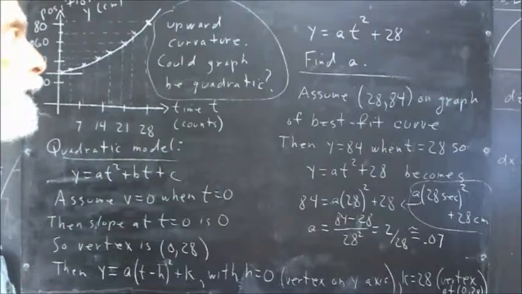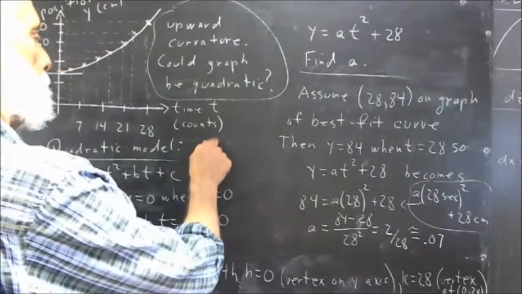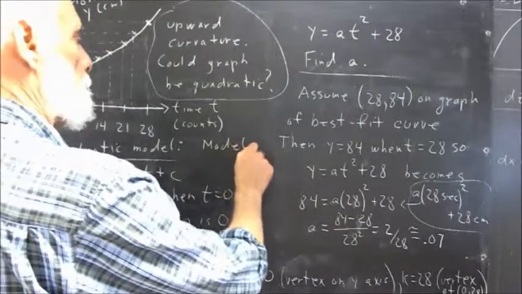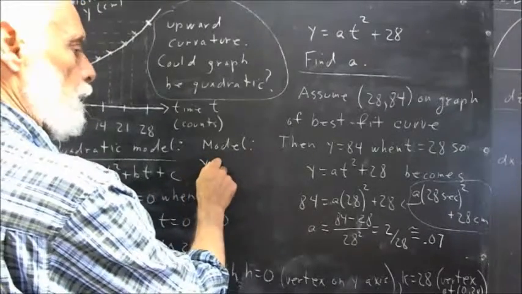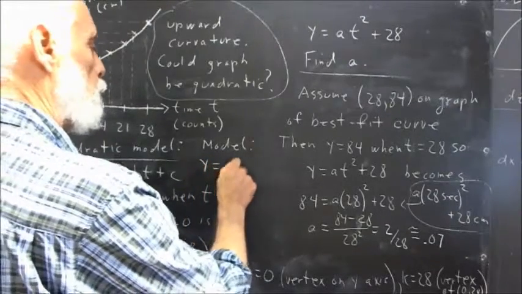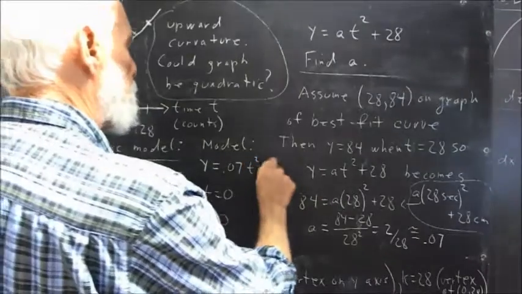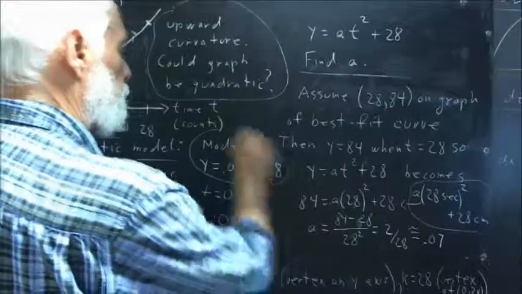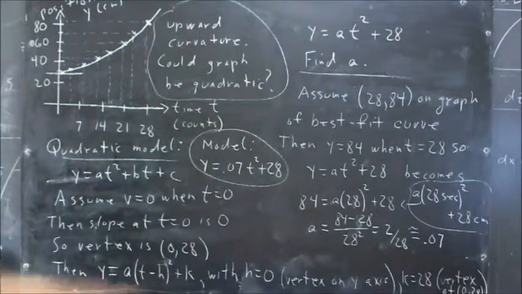Okay, so now we have a model: y equals 0.07 t squared plus 28. We can test that model.